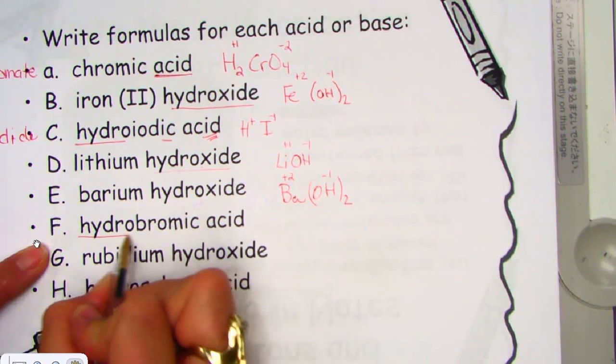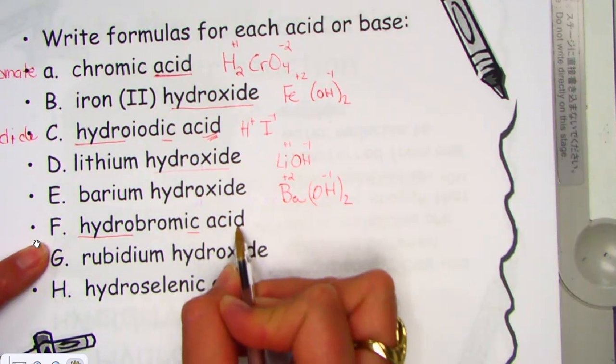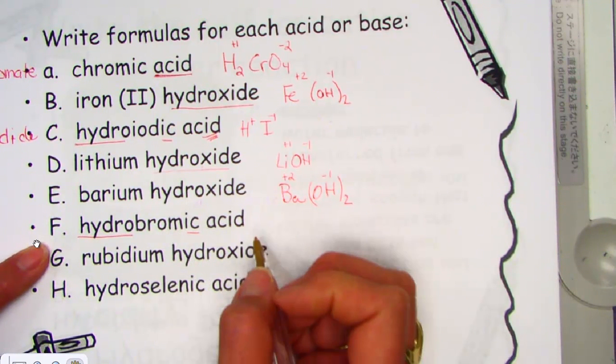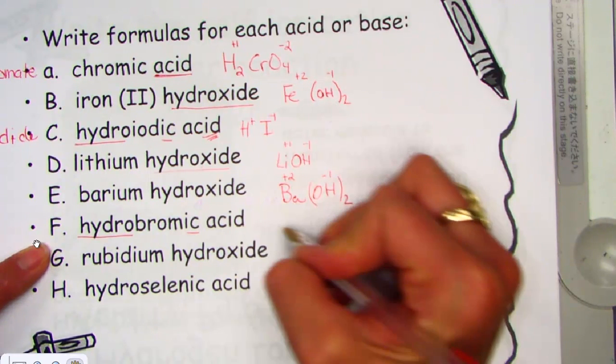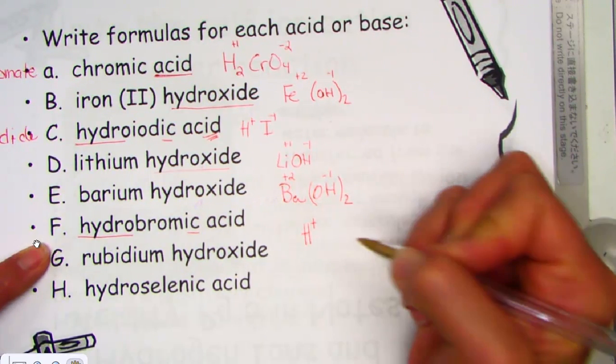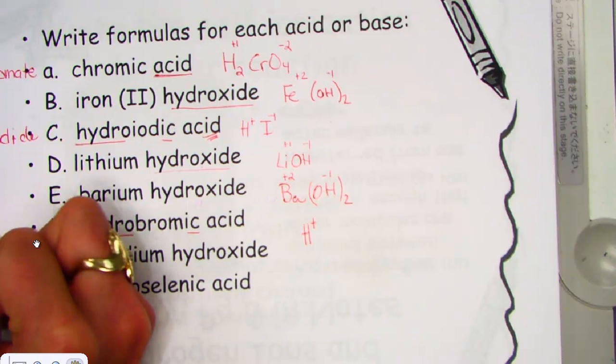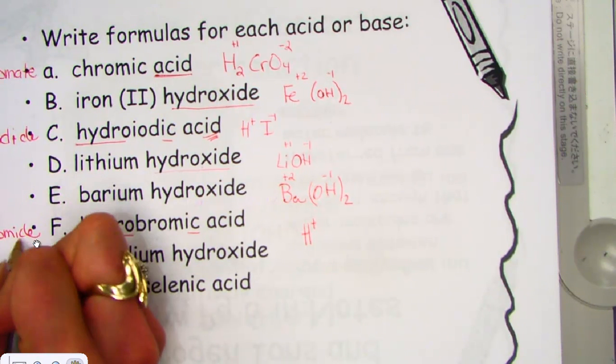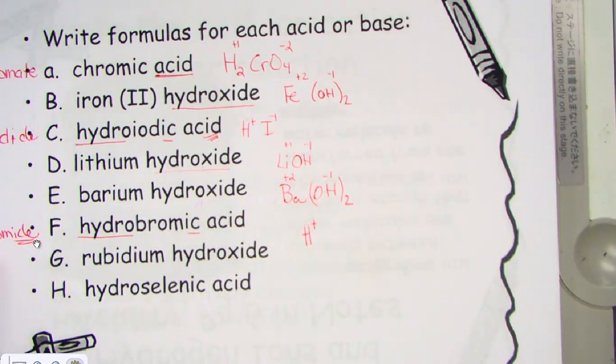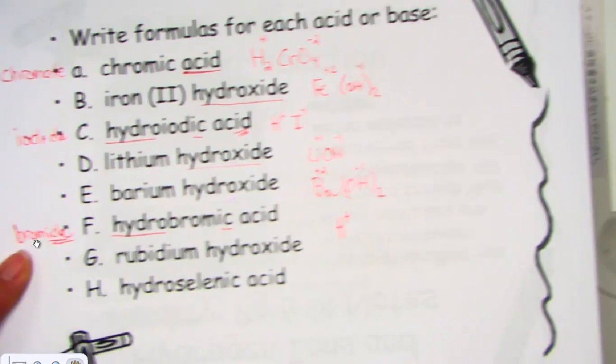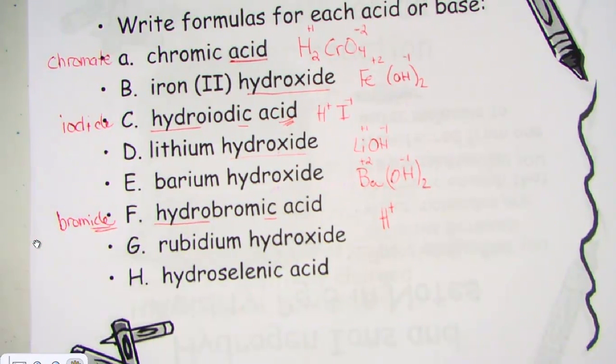Letter F, hydro root word ic acid, hydrobromic acid. Acids start with an H, hydrobromic. I know that hydro root word ic must have come from the original ending "ide." We need to find bromide. Now look at the same column as a moment ago, iodide.